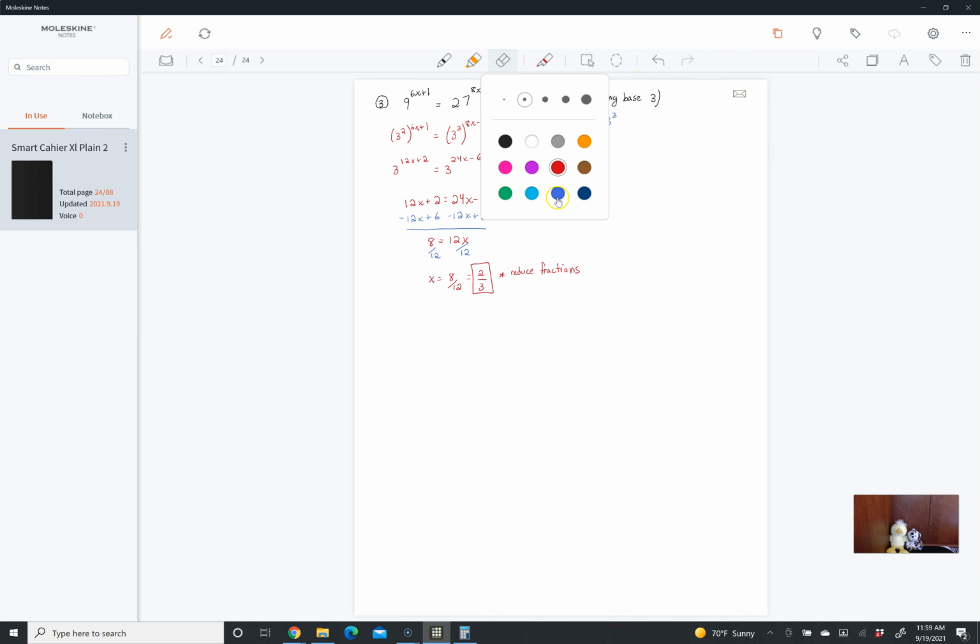Okay, just to summarize what we did here. We used substitution to make the bases the same. Distributed the exponent.